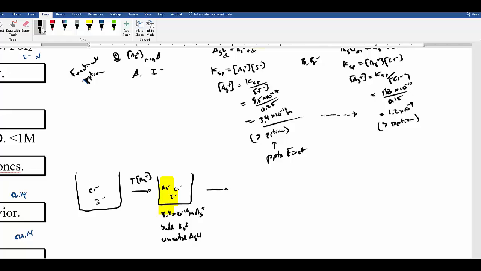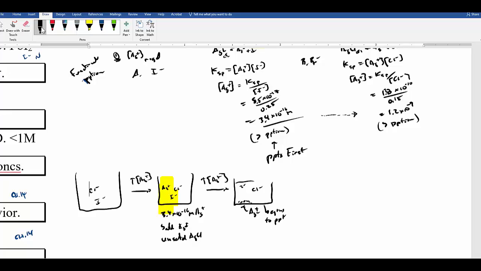And so as we slowly increase the silver ion concentration, the iodide begins to precipitate. Silver iodide, AgI, begins to precipitate. There will still be iodide in solution, because to precipitate out 100% of it, we need an infinite amount of silver ion, which we aren't going to have.